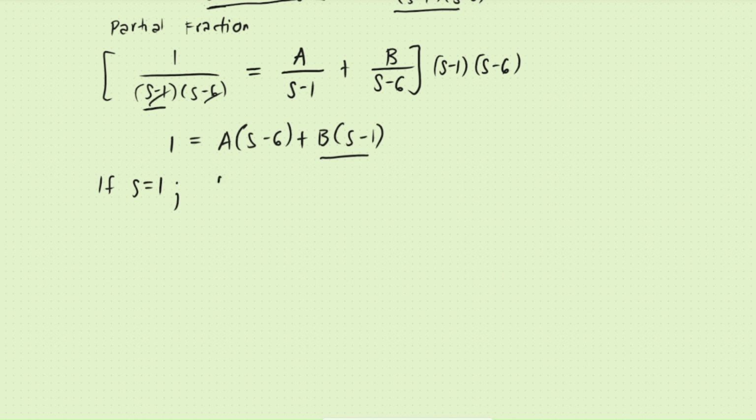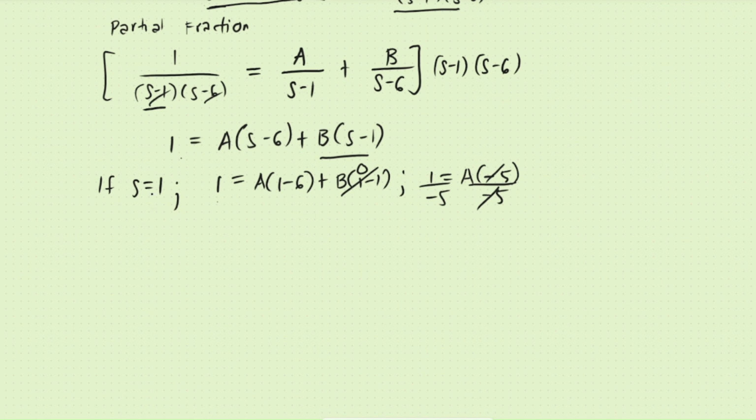So A times 1 minus 6, plus B times 1 minus 1, which is 0. So 1 equals 1 minus 6, negative 5, times A. Divide both sides by negative 5. So our A is negative 1/5.